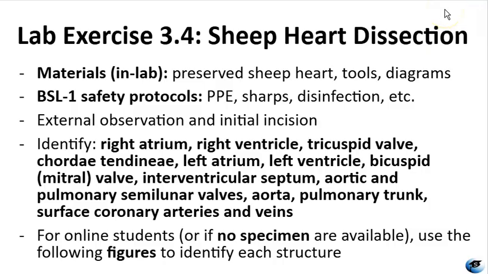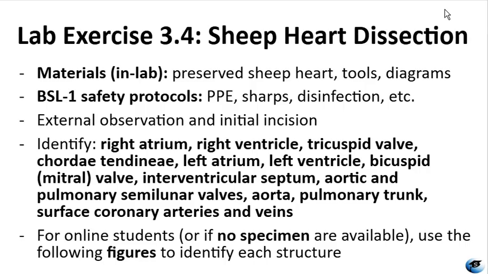Now for the next section, if you are attending lab in person, now I've designed this for an online course, but some people might be using these slides for an in-person lab. If you were doing it in lab, you would have a preserved sheep heart, dissection tools, reference diagrams, and you would begin with the external observation, noting size, orientation, and visible vessels, including aorta, pulmonary trunk, and coronary arteries and veins.